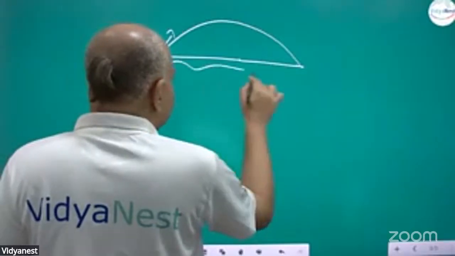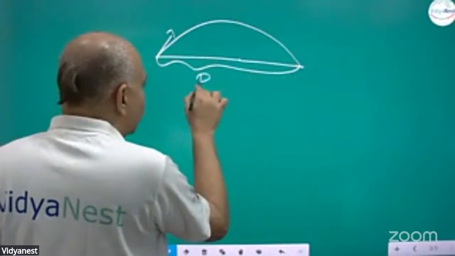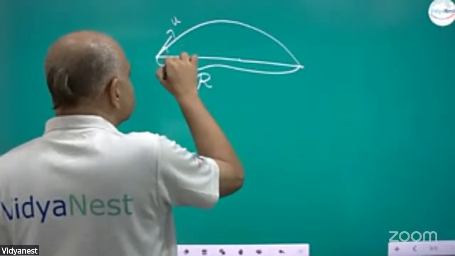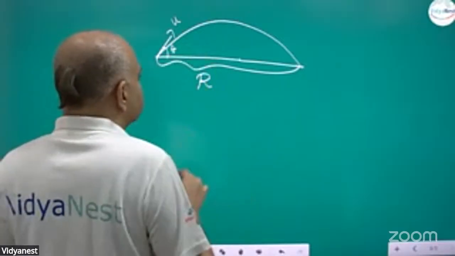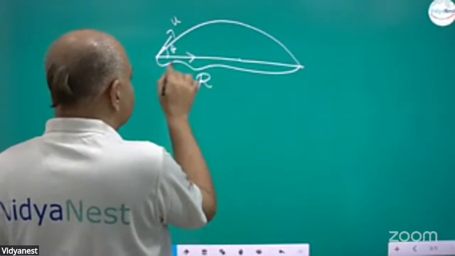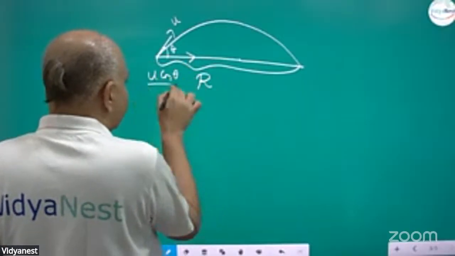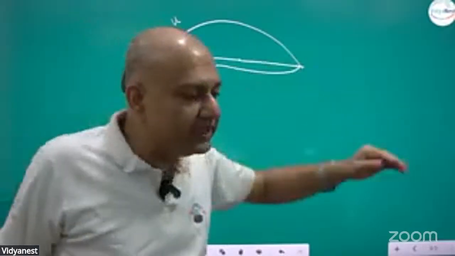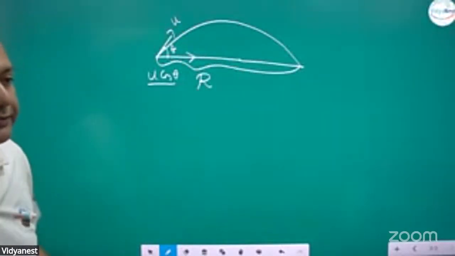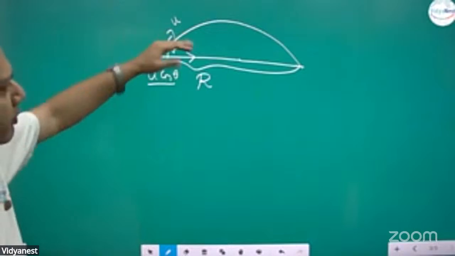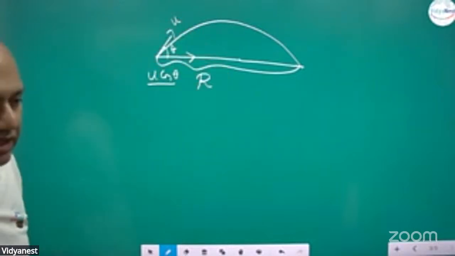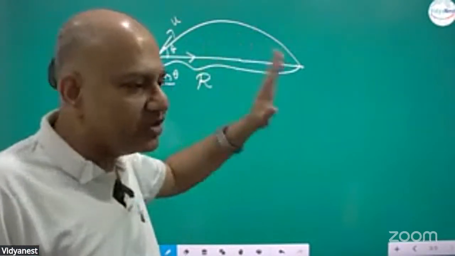This we want to find. This is called R. This is u. This is theta. So in the horizontal direction, the velocity is u cos theta. Horizontally, there is no component of acceleration, no retardation.